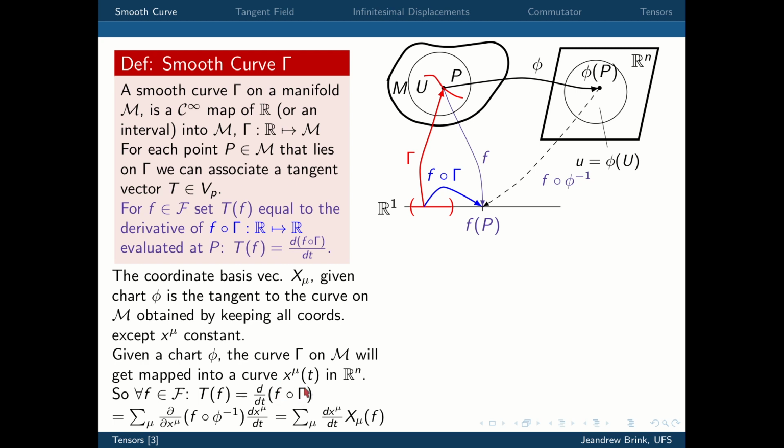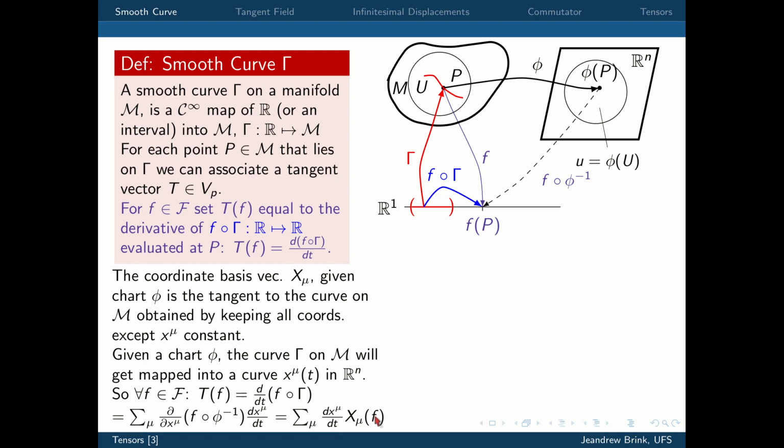Okay, and if we massage this thing, we take the full derivative d/dt and we write it again using the chain rule as the partial derivative of f circle phi minus 1 times dx/dt, and then we can express it as dx mu/dt times the coordinate basis f of mu.